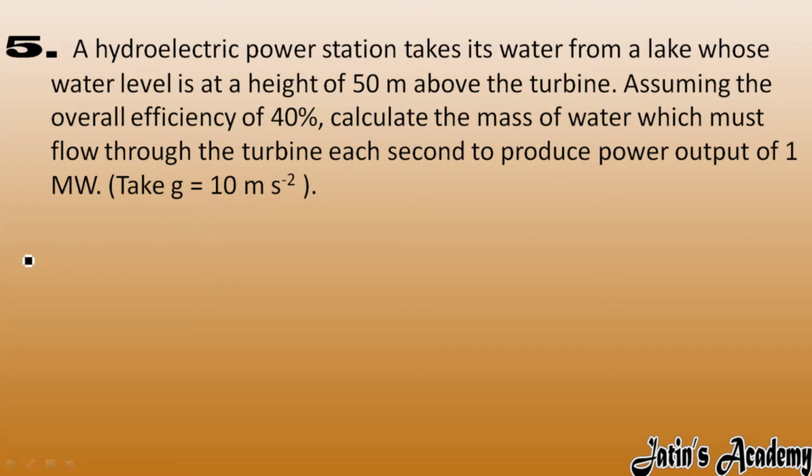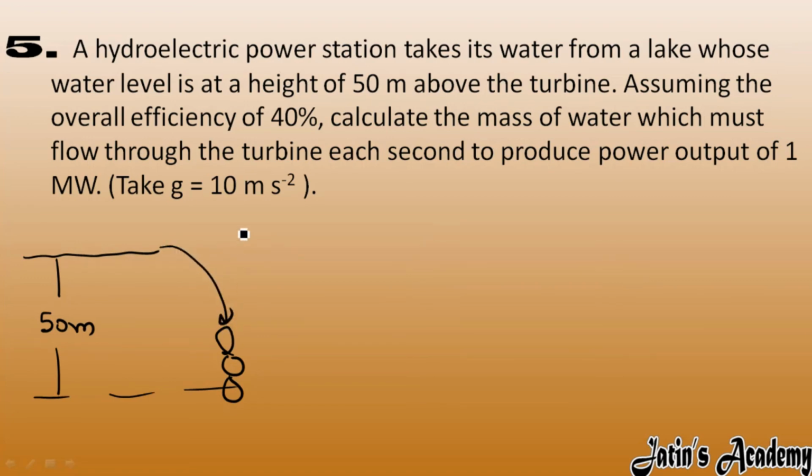For example, a lake is there which is 50 meter above the level of a turbine and falls on the turbine. Okay, so now the overall efficiency of the system is given as 40% and power output is given as 1 megawatt.